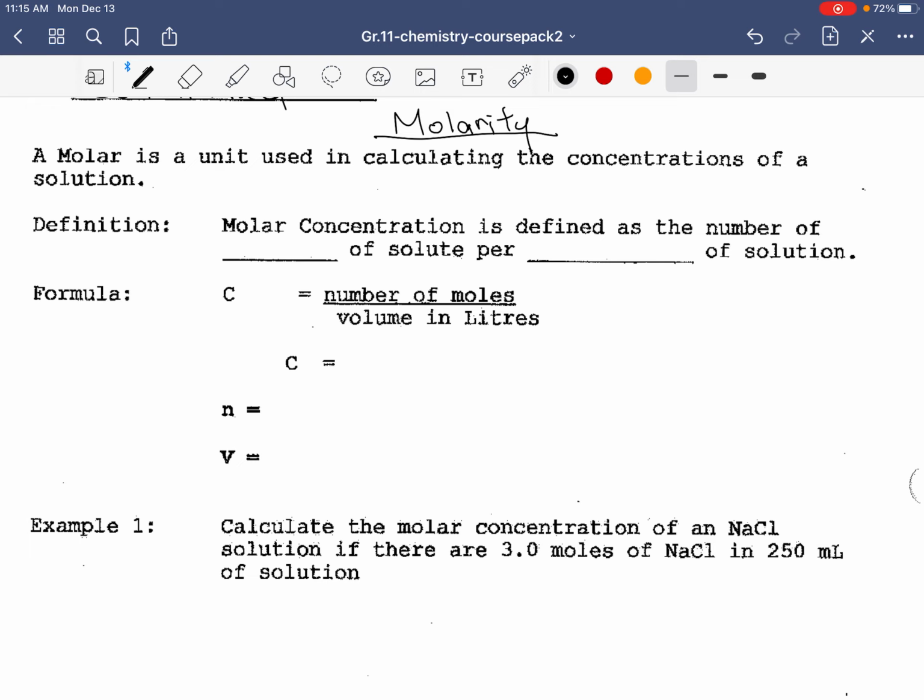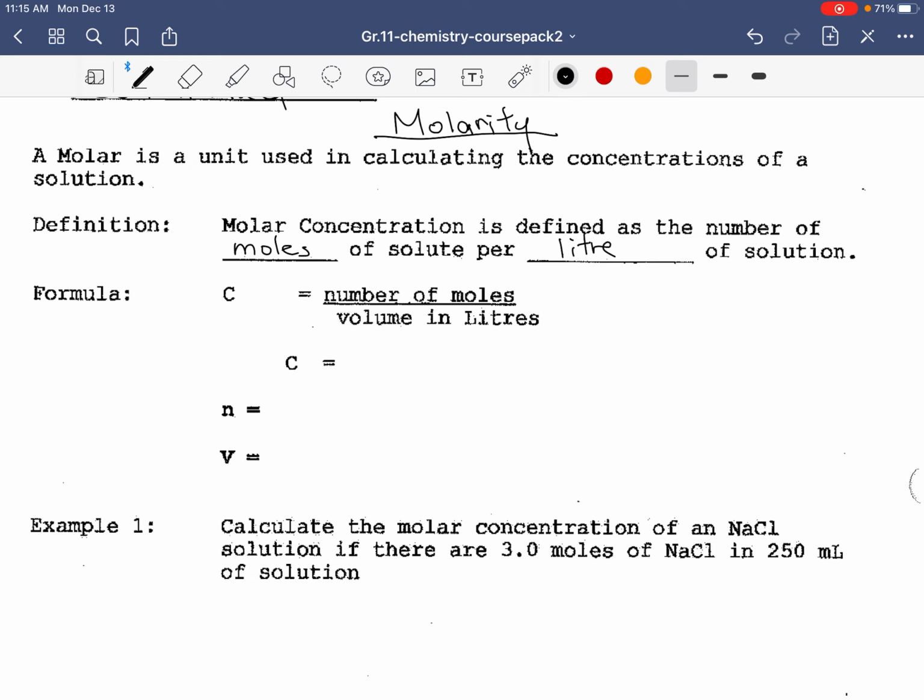And what is this? What is molarity? The concentration unit. Well, here's the definition right here. A molar concentration, which is molarity, is defined as the number of moles. Man, we're talking about moles again. Of solute per, I would say, a liter of solution.